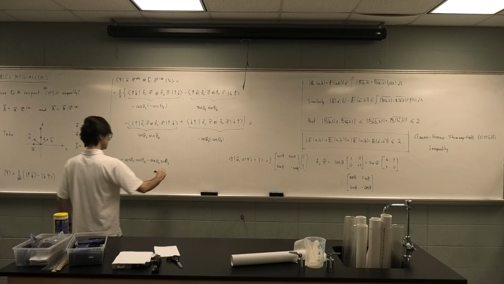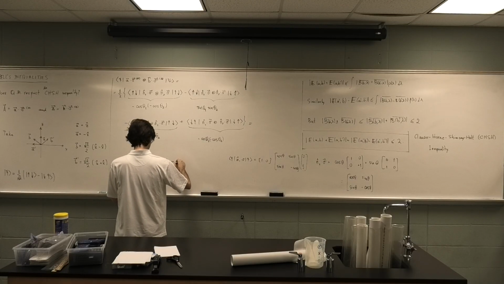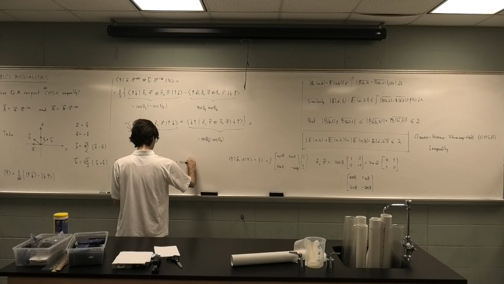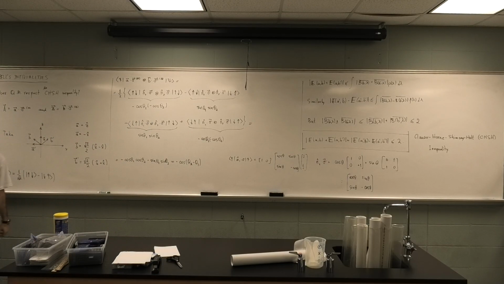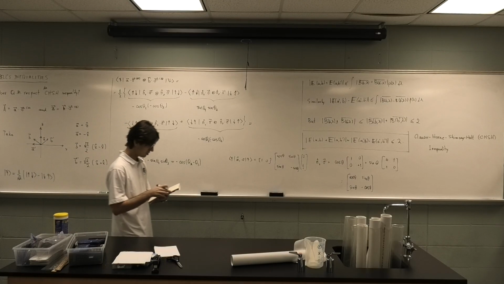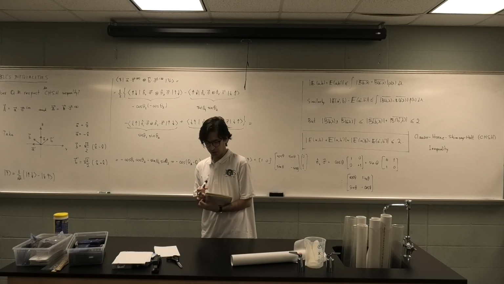But this is nothing but minus cosine of theta 1 minus theta 2, or theta 2 minus theta 1. Cosine of x is the same as cosine of minus x. Okay, very nice.